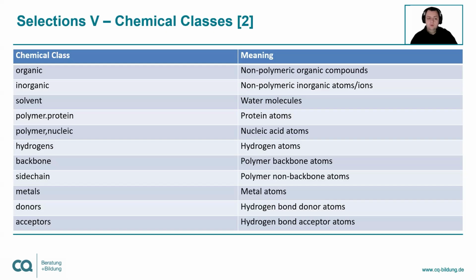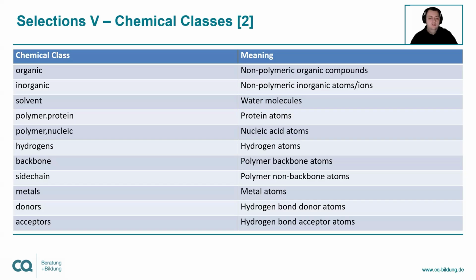Polymer.protein and polymer.nucleic allow users to pick only atoms in protein structures or only atoms in nucleic acid structures. Hydrogens allow users to pick only hydrogen atoms. Backbone and sidechain allow users to pick either atoms in the polymer backbone or polymer non-backbone atoms respectively.